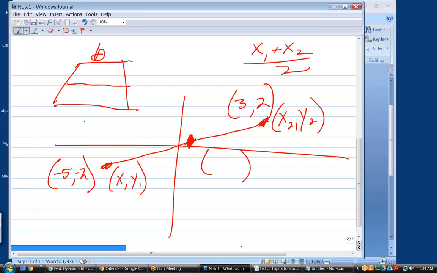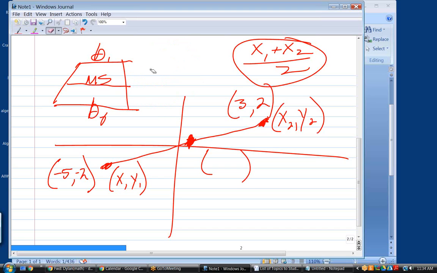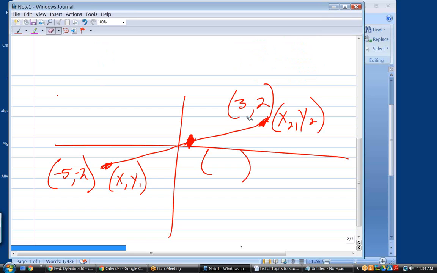In other words, if that's B1 and that's B2, the mid-segment is B1 plus B2 divided by 2. Same thing as that. So midpoints are always the sum of the two numbers divided by 2. And then it eliminates having to picture it on a number line or anything else.